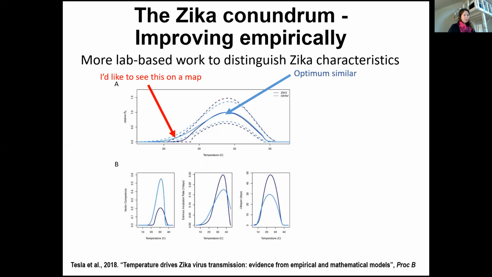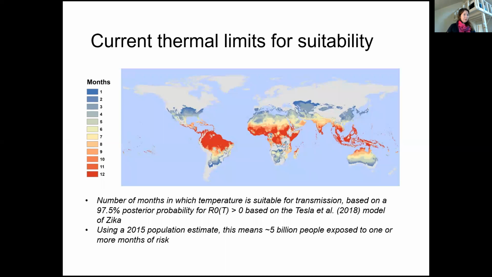So, taking what we knew from this paper about Zika transmission temperatures and what we had distilled in terms of how we wanted to convey our risk concepts for future disease risk, we went back to our rainbow maps to say how many months of the year are these areas suitable for transmission based on that Zika paper instead of the dengue paper.